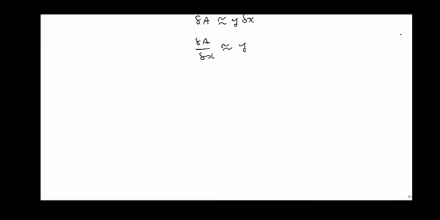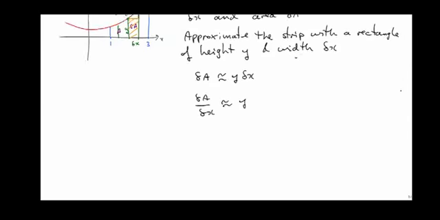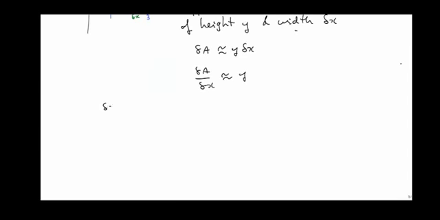As we increase the number of strips and decrease the value of delta x, we'll let delta x tend to 0, and as we know with differentiation, delta A over delta x becomes dA by dx, and dA by dx will then equal y.